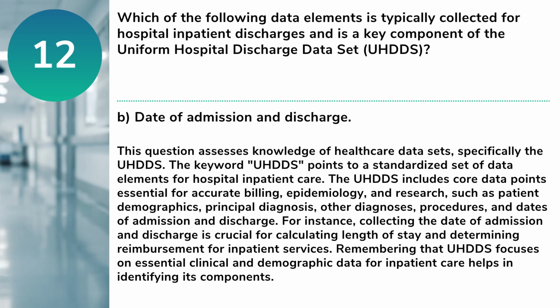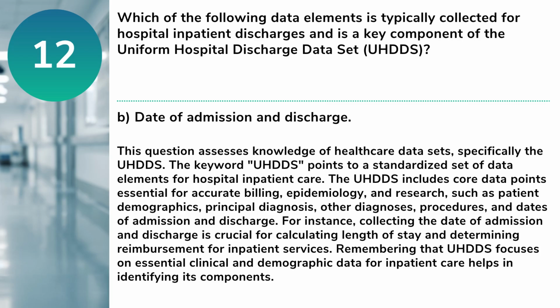Answer: B. Date of admission and discharge. This question assesses knowledge of healthcare data sets, specifically the UHDDS. The keyword UHDDS points to a standardized set of data elements for hospital inpatient care. The UHDDS includes core data points essential for accurate billing, epidemiology, and research, such as patient demographics, principal diagnosis, other diagnoses, procedures, and dates of admission and discharge.